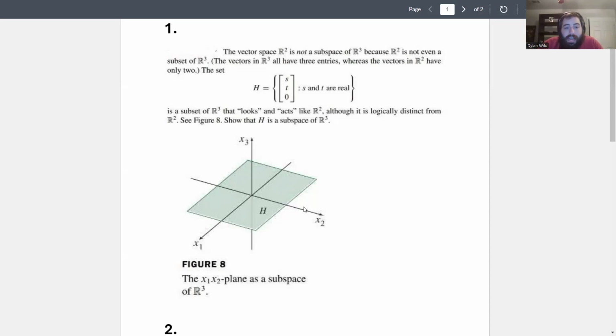But to show that H is a subspace of R3, let's look at the size of our vector. We have 3 spatial dimensions. We happen to pass through the origin.